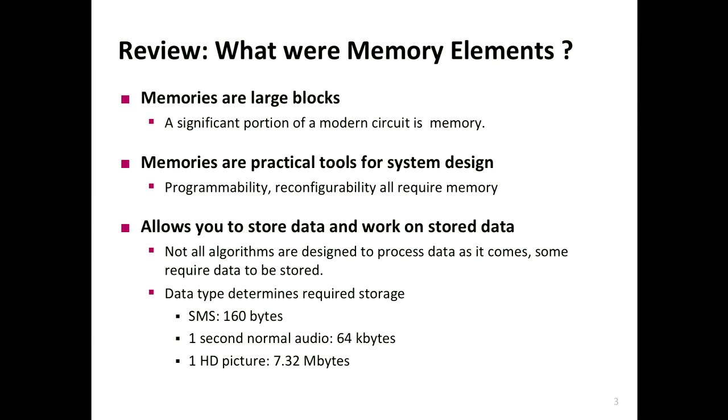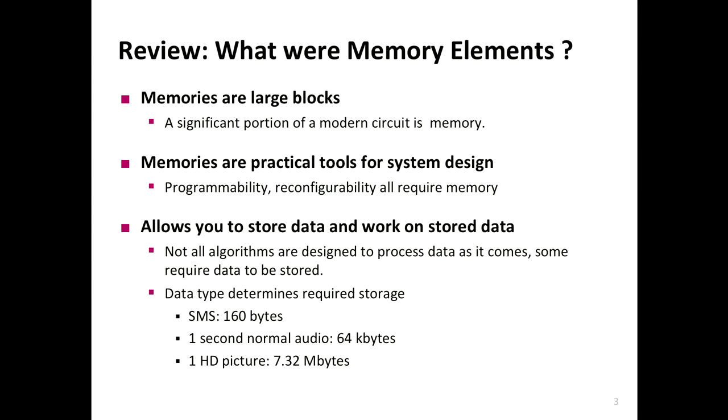So just a quick review. I know this was done yesterday. What are memories? Places where you store data. The amount of data that you store depends on the type of data. For example, if it's an SMS, you get about 160 bytes of data. Why do you require memory? Because not all systems can work without keeping some state.